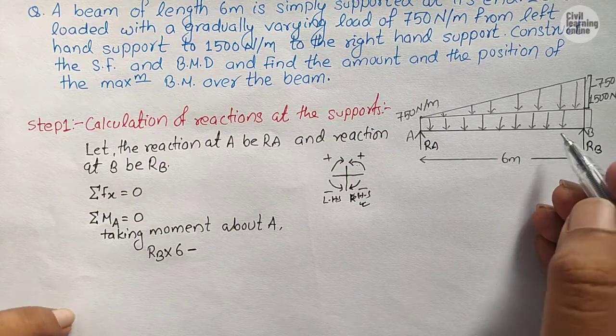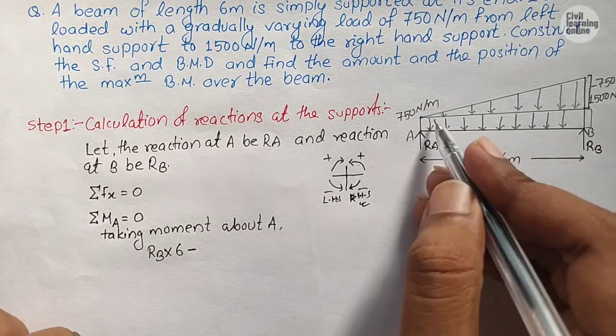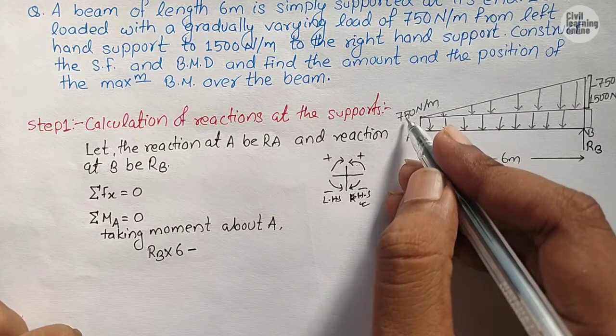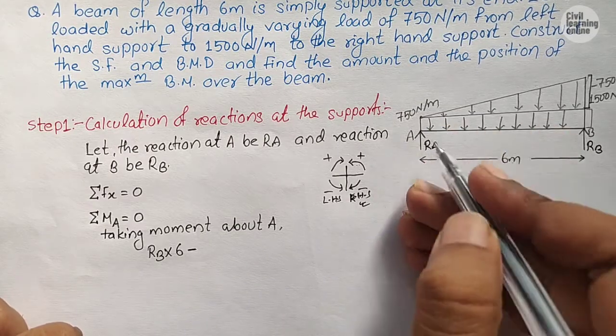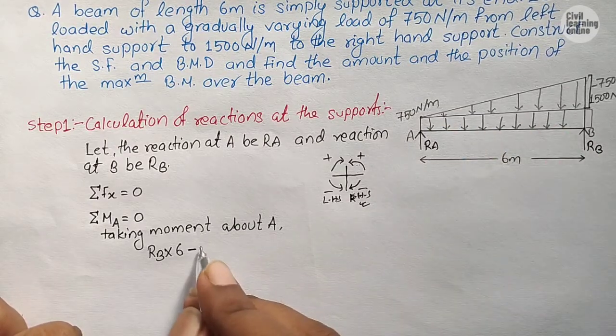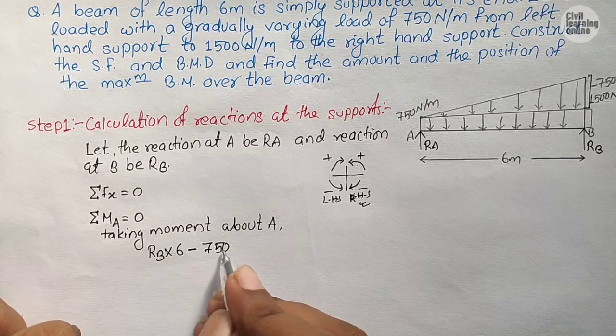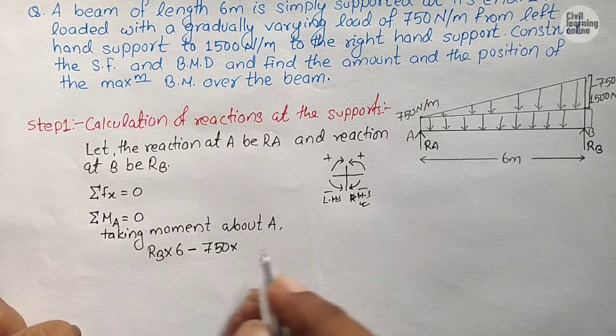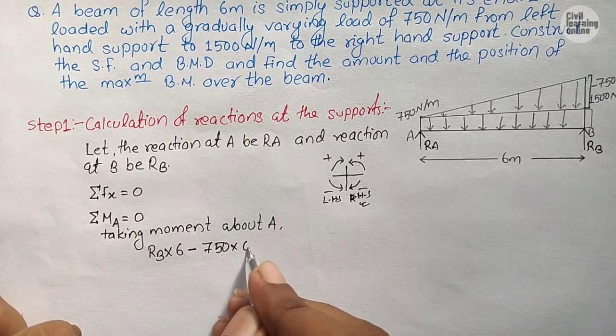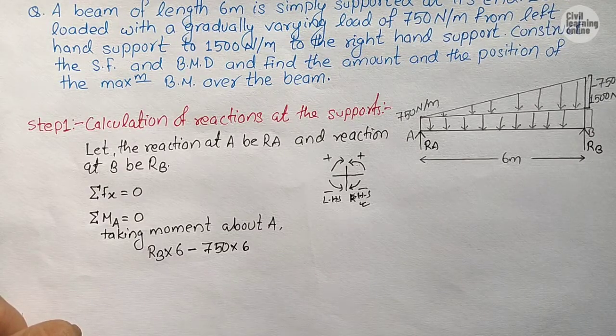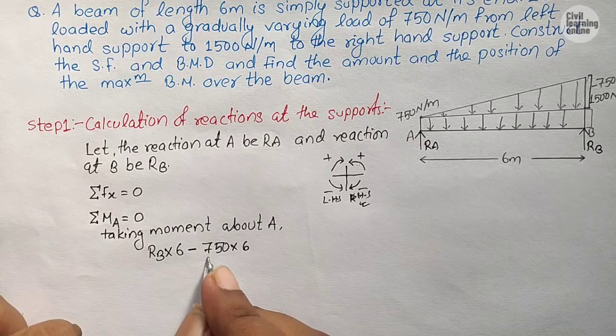So now guys, see here, this is our UDL, and the UDL is 750 Newton per meter from A to B, so it will be 750. If we multiply this UDL by the span, it gets converted into a point load.